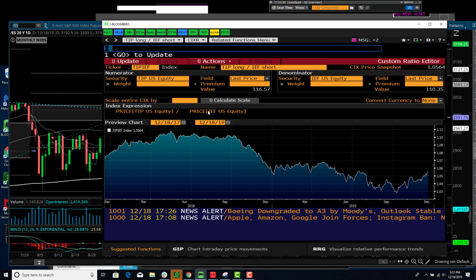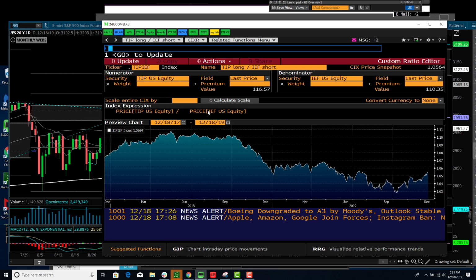It's a spread that you want to monitor, so not necessarily something that you want to trade outright unless you're a bond specialist and can trade the spread. You want to compare Treasury inflation protected securities over regular treasuries.